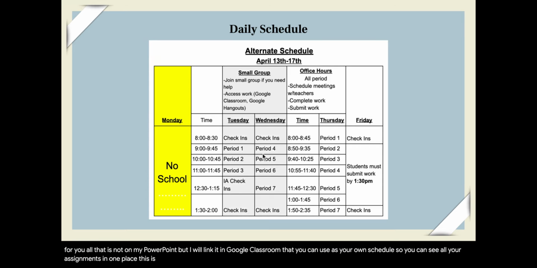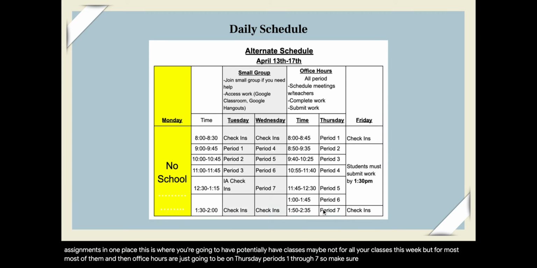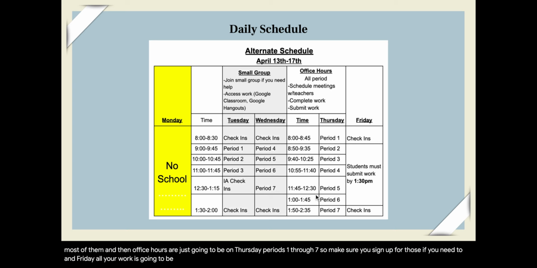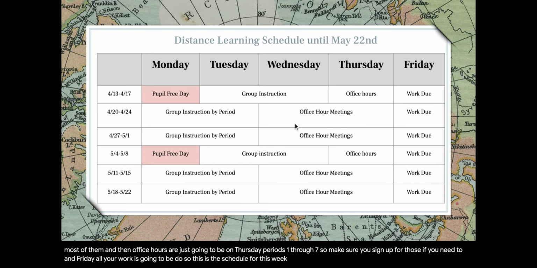This is where you're potentially going to have classes, maybe not for all your classes this week, but for most of them. And then office hours are just going to be on Thursday, periods 1 through 7. So make sure you sign up for those if you need to. And Friday, all your work is going to be due. So this is the schedule for this week.